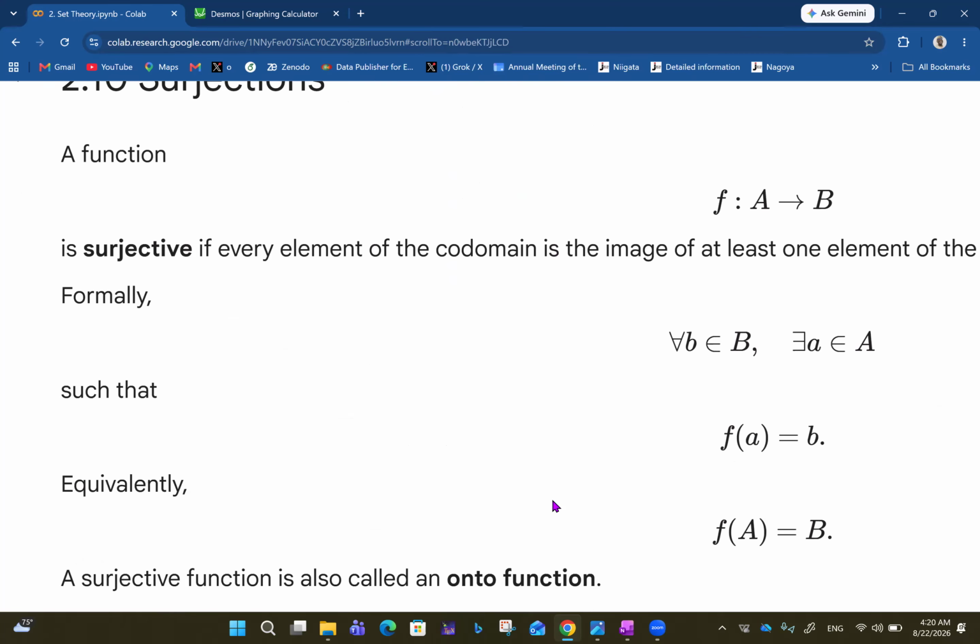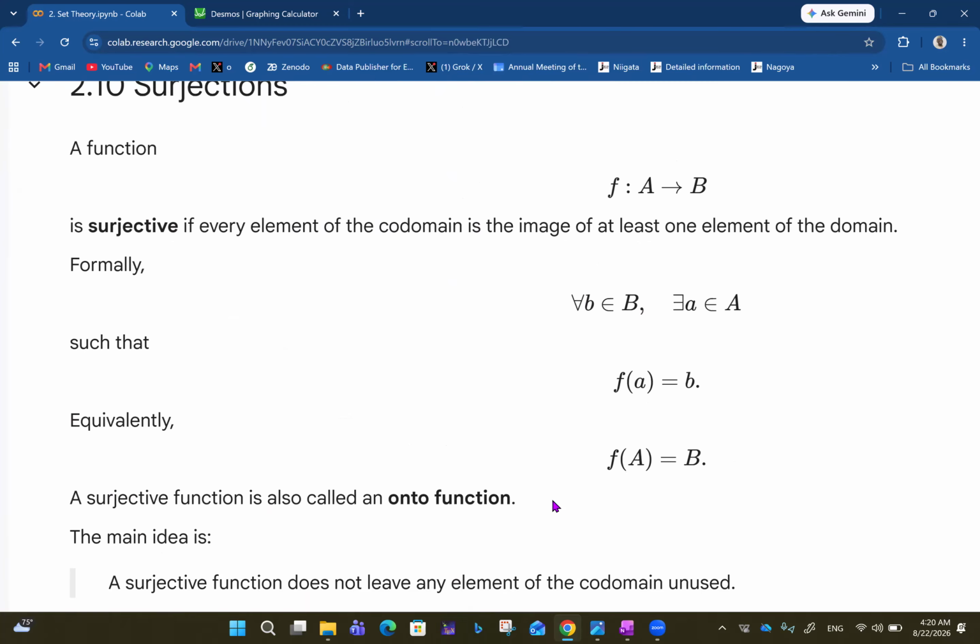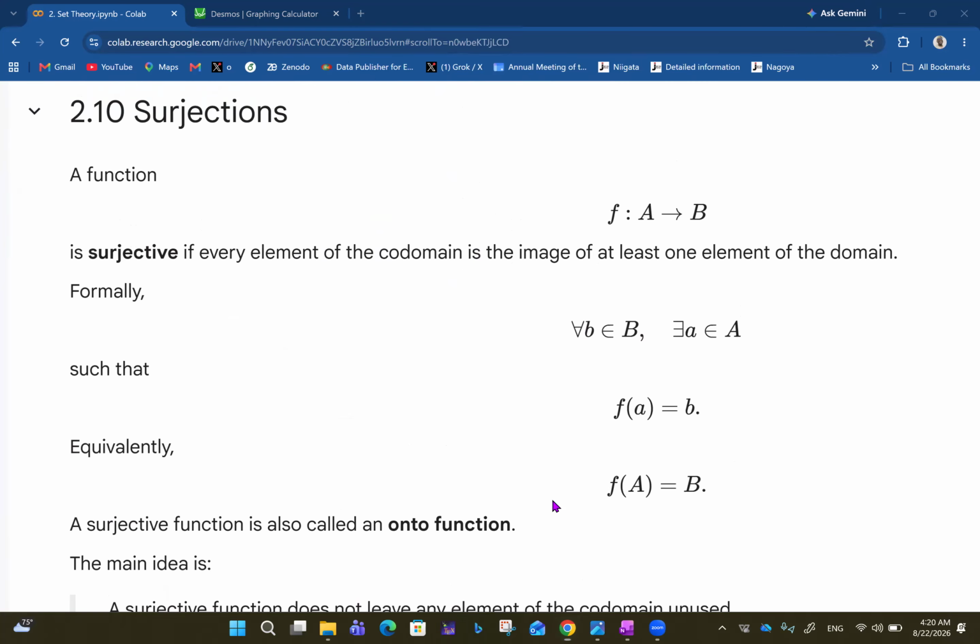Then that's injection. We've talked about injection. So let's talk about surjection. A function f which maps A to B is surjective if every element of the codomain is the image of at least one element of the domain. It's not necessary that every element of the codomain is mapped to something in the domain, right?